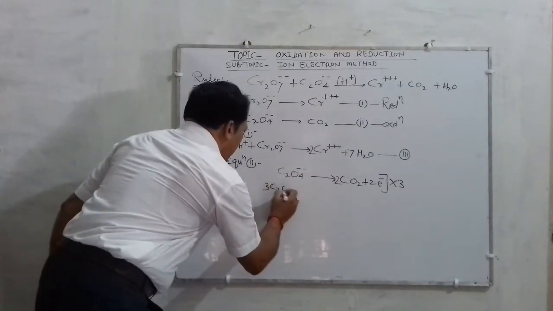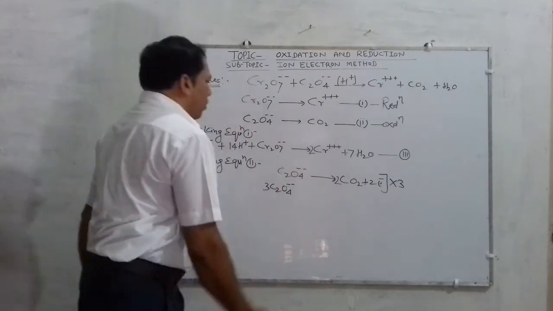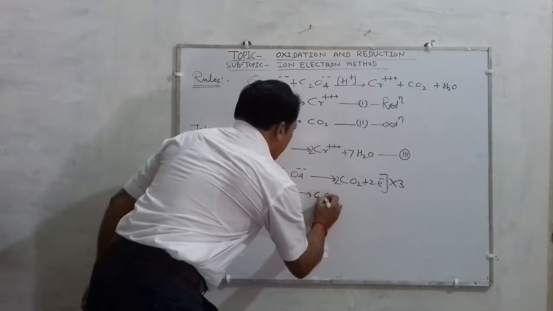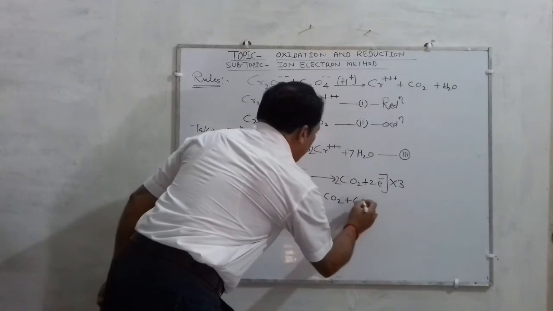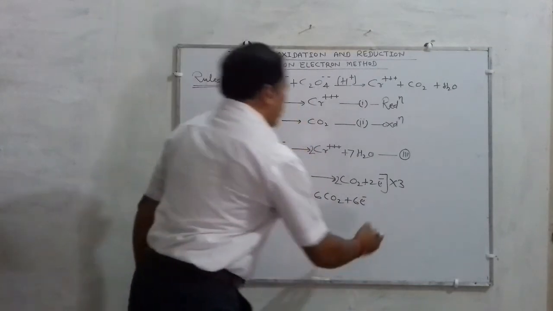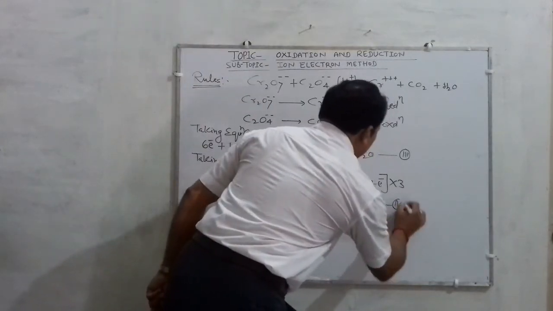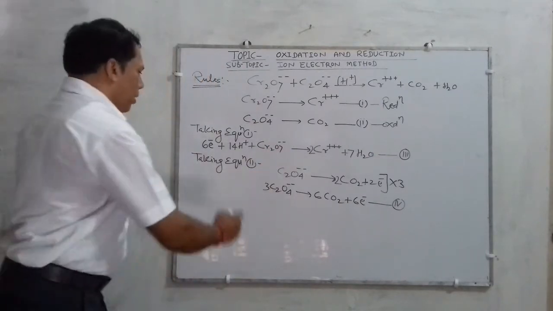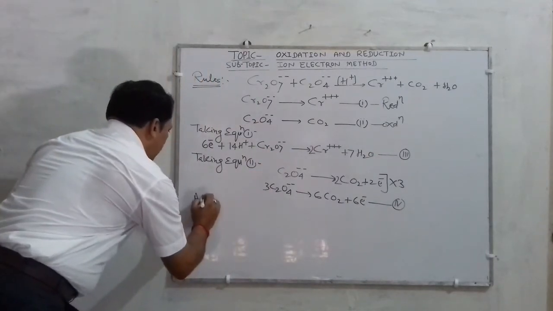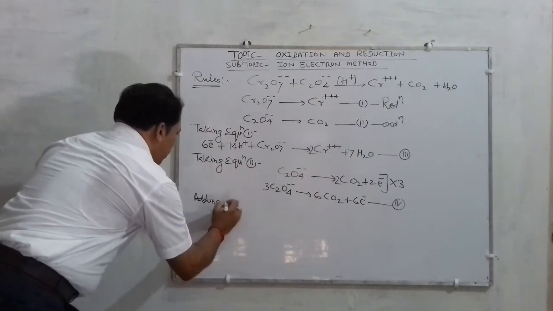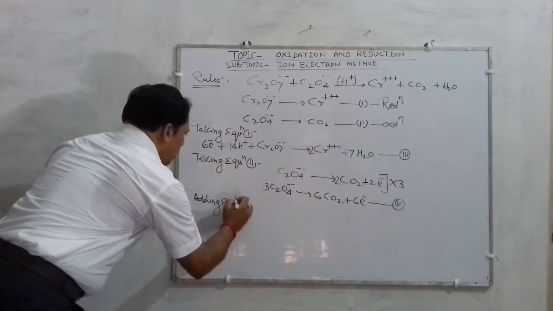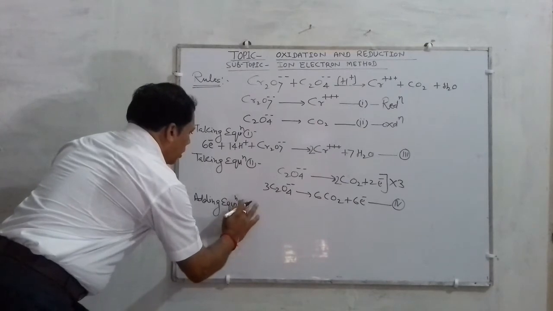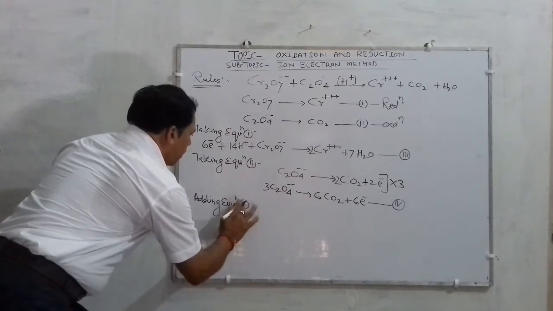So on multiplication, this becomes 3C2O4 minus 2 giving 6CO2 plus 6e minus. Suppose this is equation number 4. Now adding equations 3 and 4.